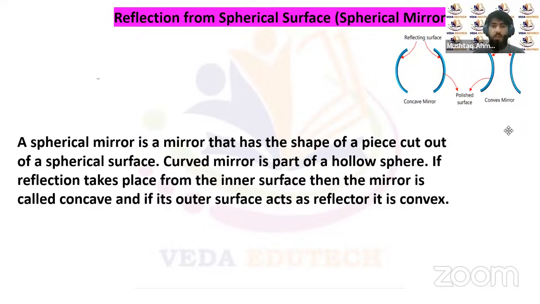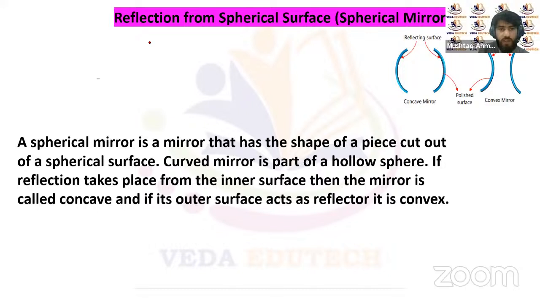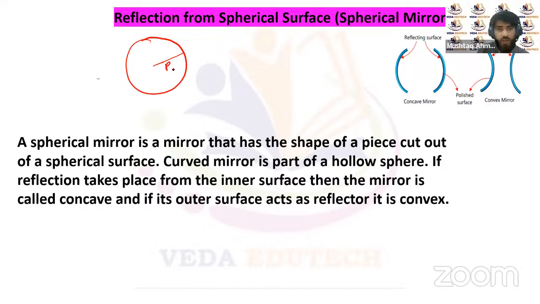What are spherical mirrors? These are mirrors which have been cut out from a sphere. Let's suppose we have a complete mirror, spherical in nature, of radius r.